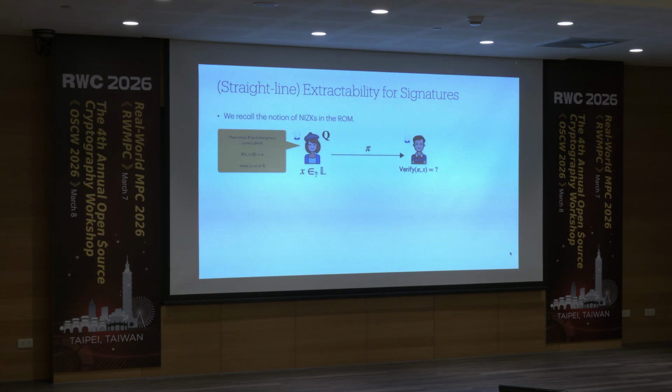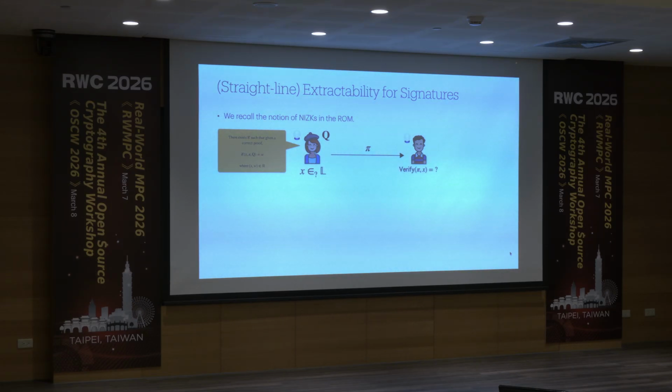Okay, so let's recall the notion of NISX in the ROM, because this is where the extractability property is most significantly motivated. If you recall, in the NISX, there's a prover which makes a certain amount of queries in the case of proving something, and in particular, this proof is usually something of the form that it has some witness to a statement X. And of course, because it's a NISX, this has to be witness hiding, and so the prover performs a set of Oracle queries and then sends a proof over to the verifier, and the verifier checks it.